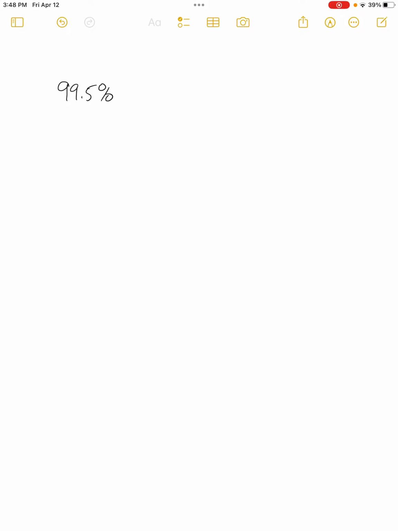And so the way you do it every time, when it's not one of the 90, 95, 99 that's printed at the bottom right-hand corner of your positive z-score table, is you draw a picture, and whatever the confidence level is, in this case 99.5%, that 99.5% is sandwiched right in the middle.